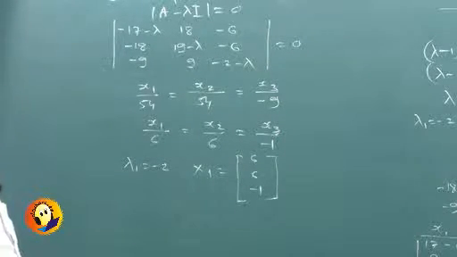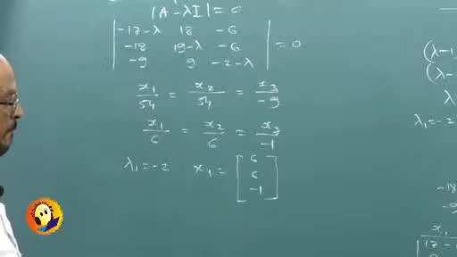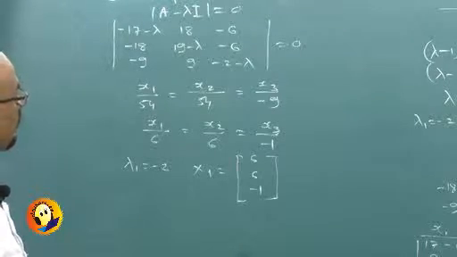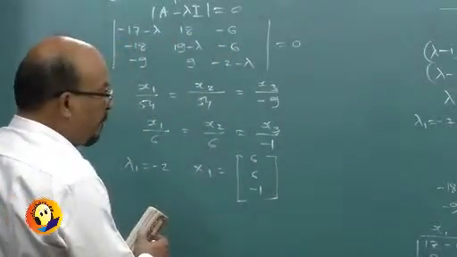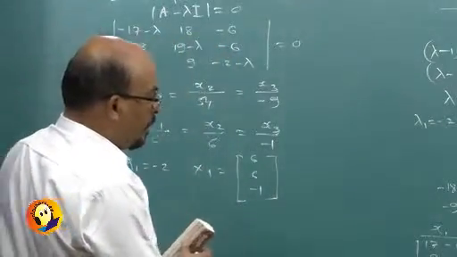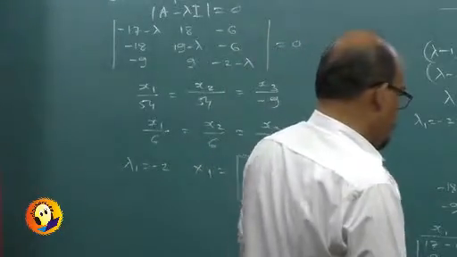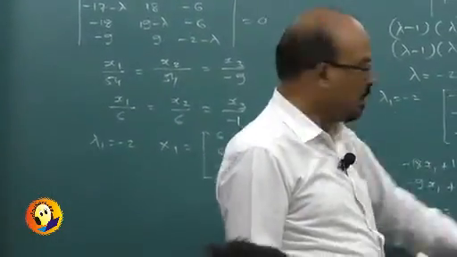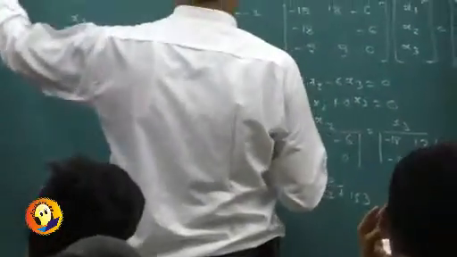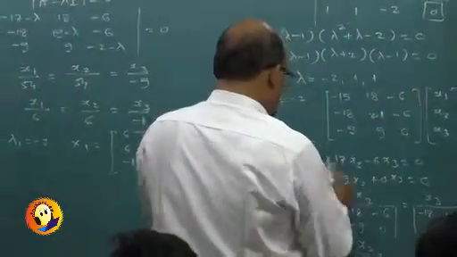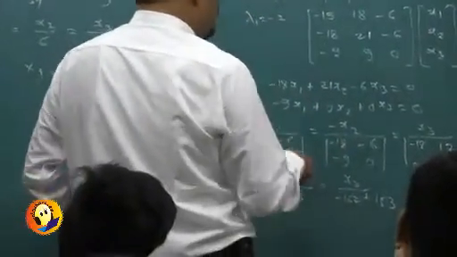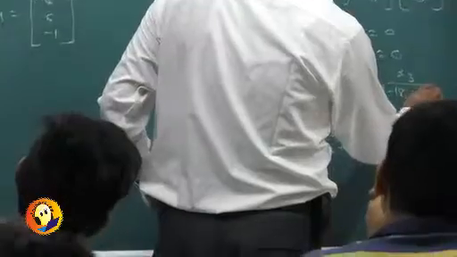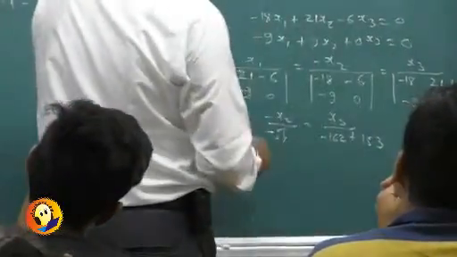Does the answer come different if we take the first and second? Oh, then everything goes wrong. Here it was minus 19, it is 21, this becomes 21, this is 21, so this will change.